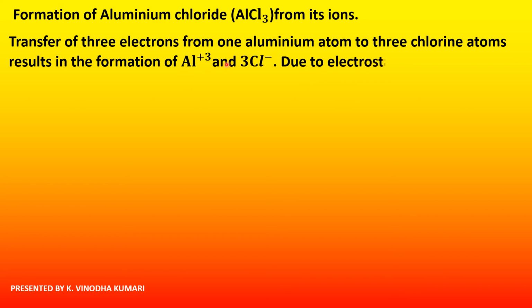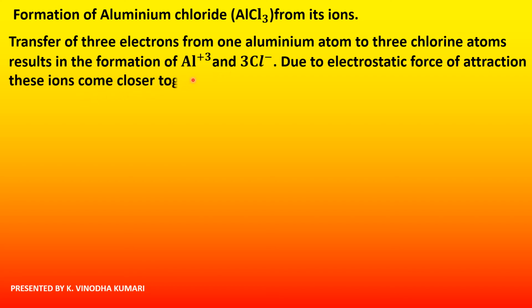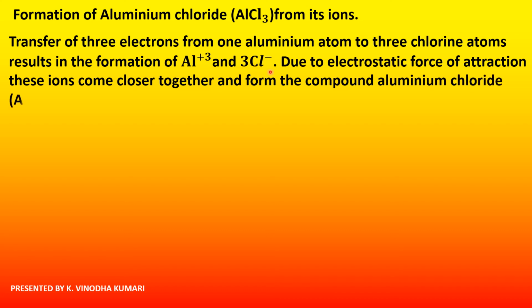Again, due to electrostatic force of attraction, they come closer and form the ionic bond. And the molecule is aluminium chloride. So here 3 electrons are transferred, 1 electron each to 3 chlorines, and the compound formed is aluminium chloride, that is AlCl3.